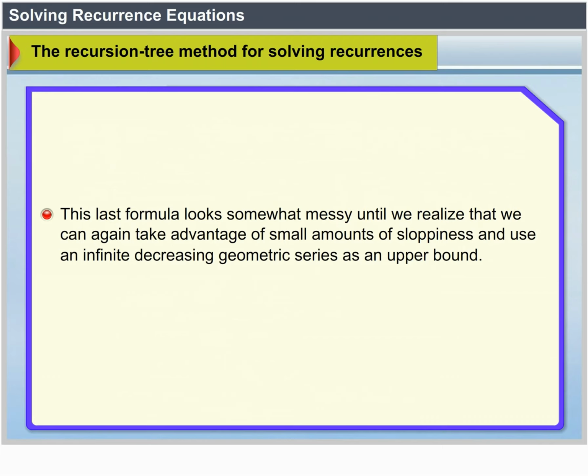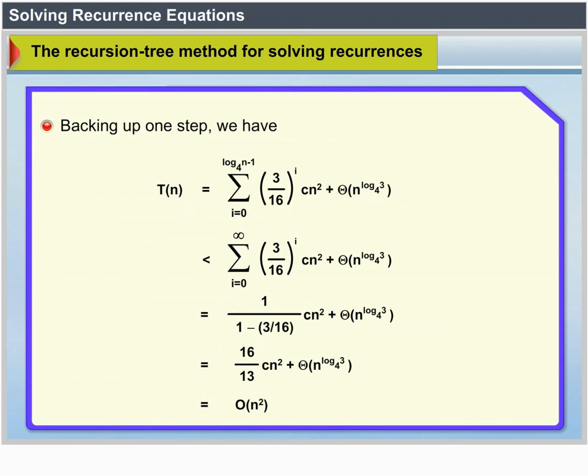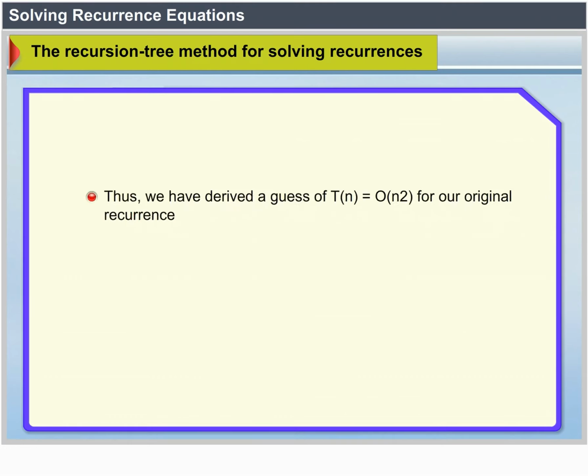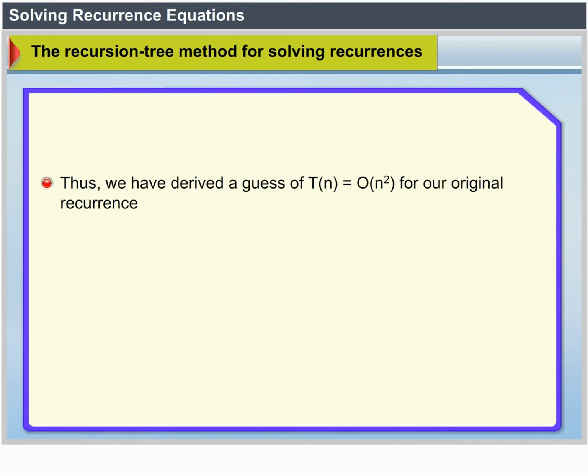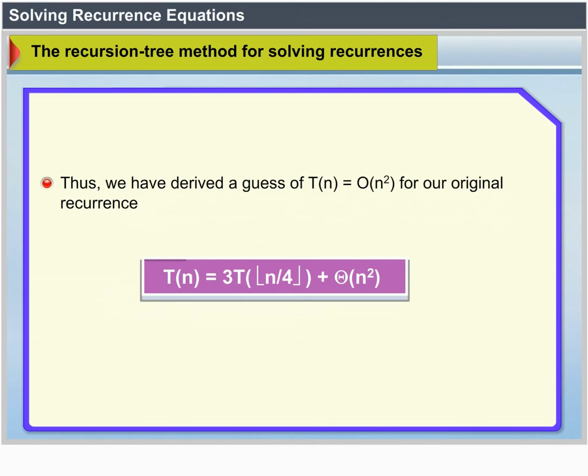Backing up one step, we have what is shown here. Thus, we have derived a guess of T(n) = O(n²) for our original recurrence T(n) = 3T(⌊n/4⌋) + Θ(n²).